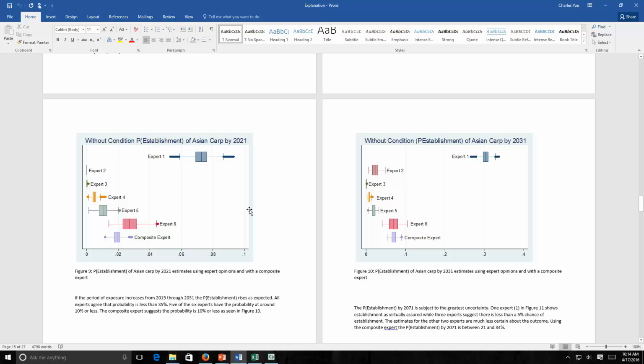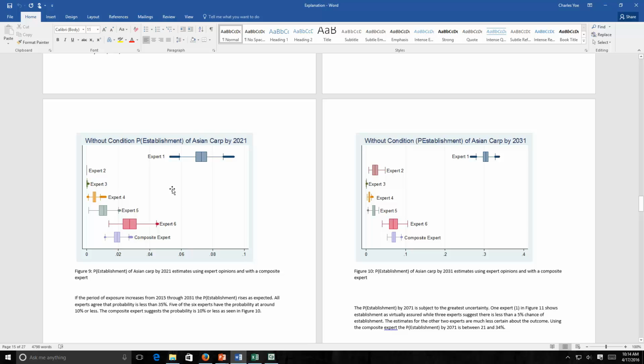So you see there's more spread among the high and the low values than there are among the middle values. The range from the far left to the far right is an indicator of the uncertainty that this expert had about this value. And then of course we can look at the scale itself.